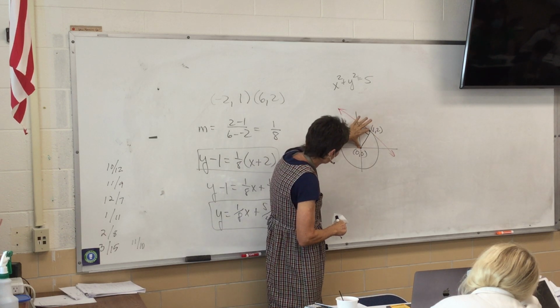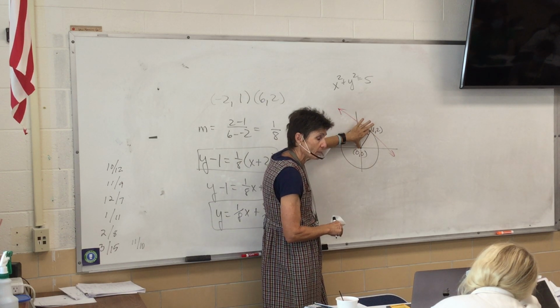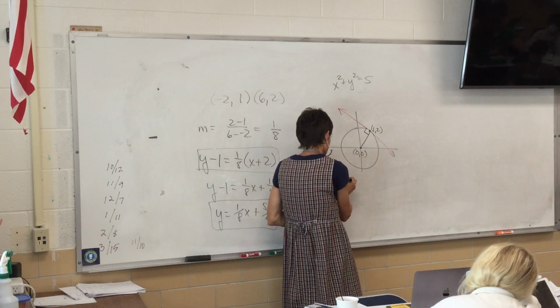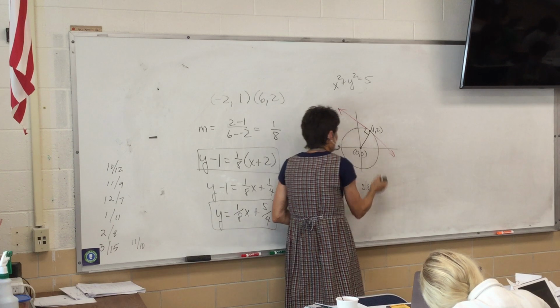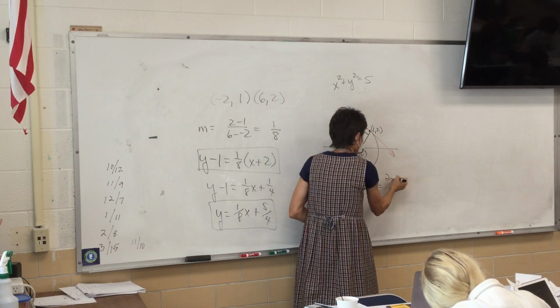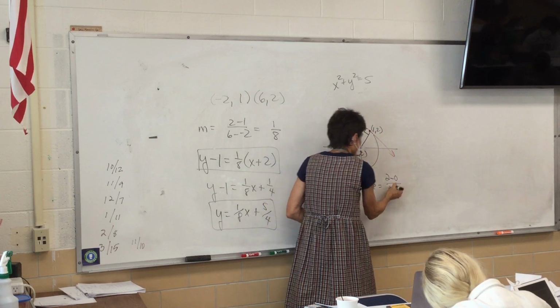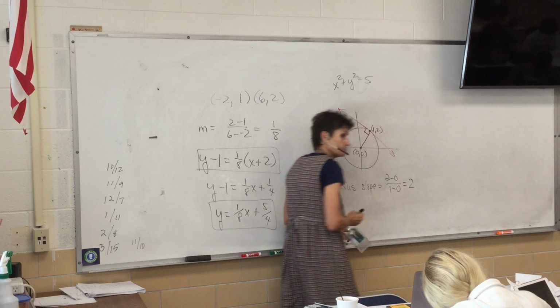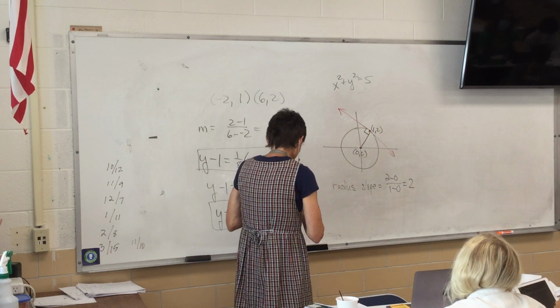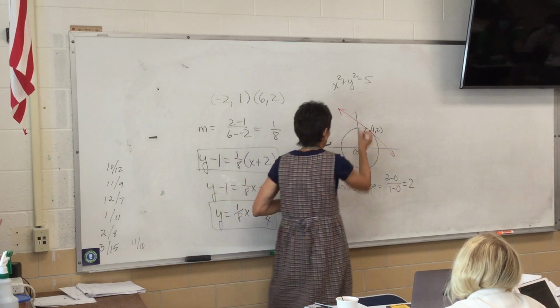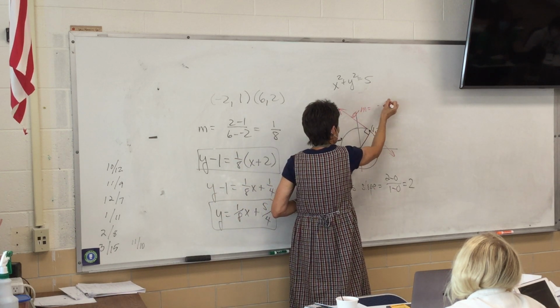Can I find the slope of the radius? Okay, so the radius slope is 2 minus 0 over 1 minus 0, or 2. So what does that mean the tangent slope will be? Negative 1/2?